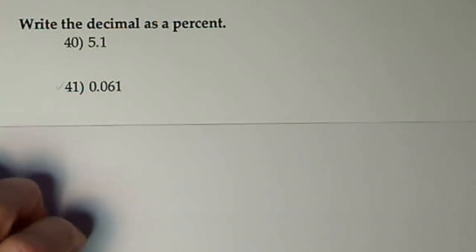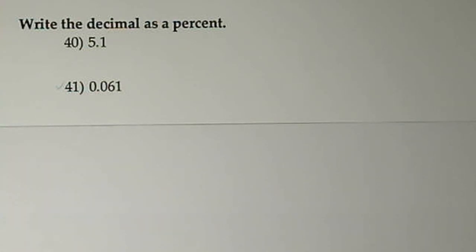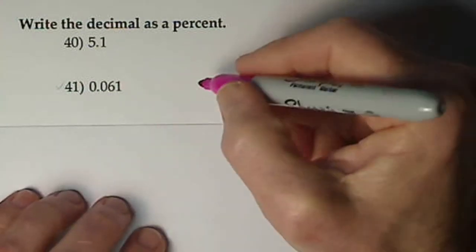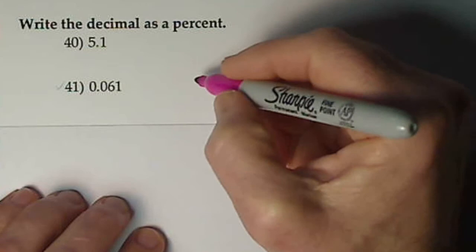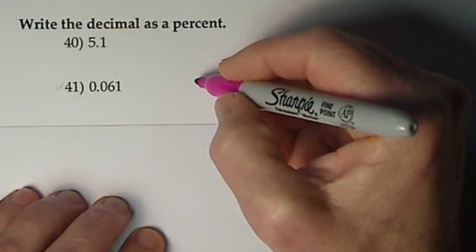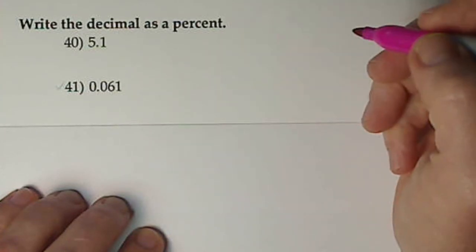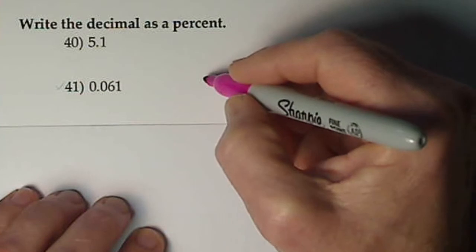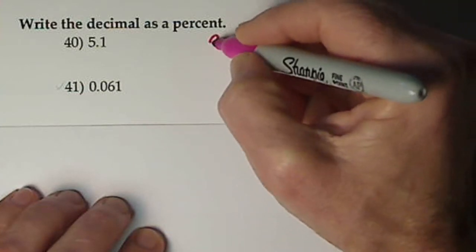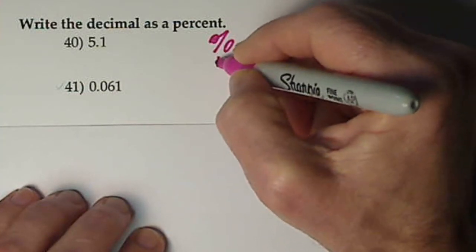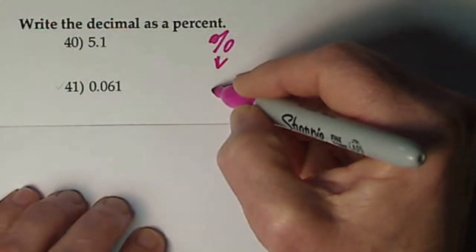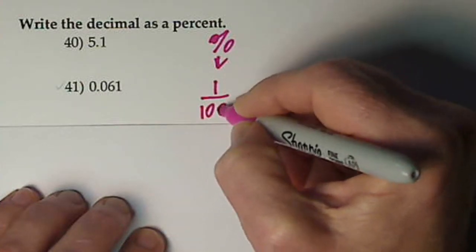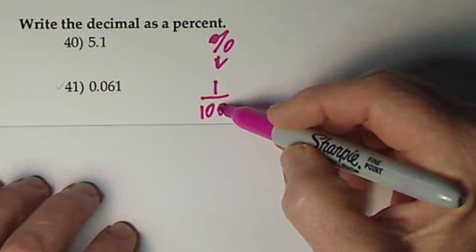Percent sign has a very specific meaning, right? So we've been saying that a percent sign means, well, I'll write my little percent sign. That really means that you have 1/100th. Okay, that's another way of writing the percent sign.